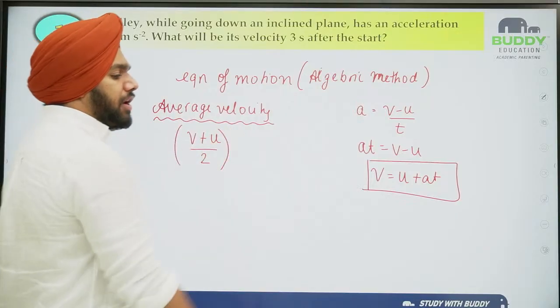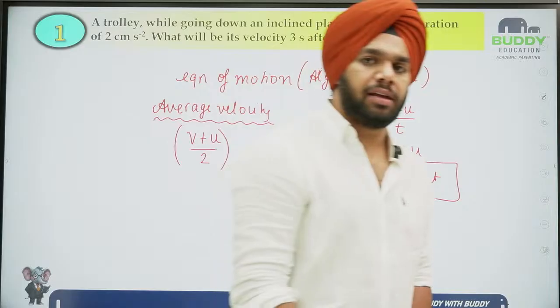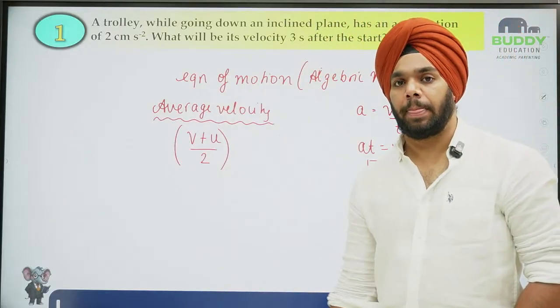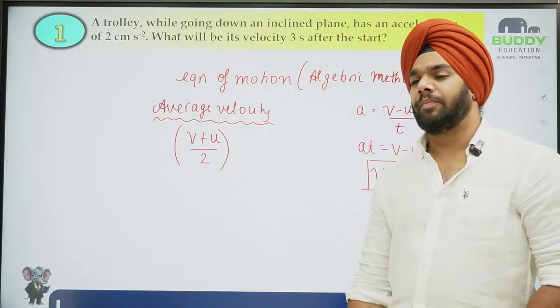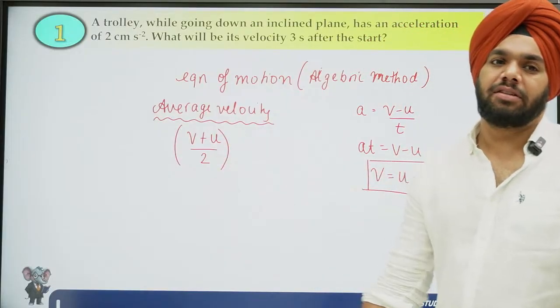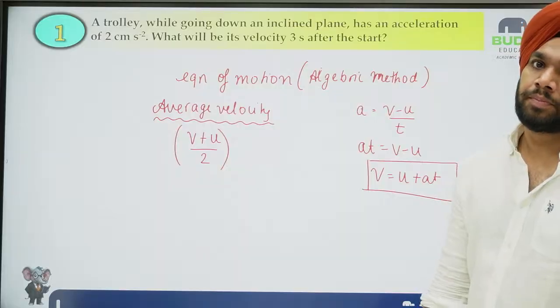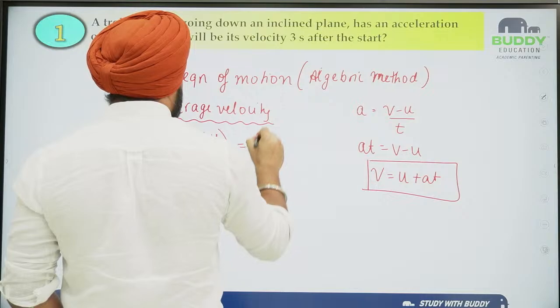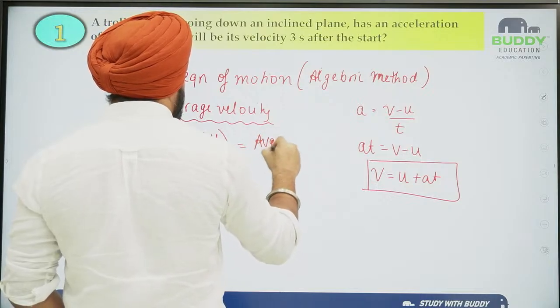This is the formula for average velocity only when the time interval is the same for both the displacements. So when time is the same, then you can write down this formula for the average velocity, (v plus u) by 2.